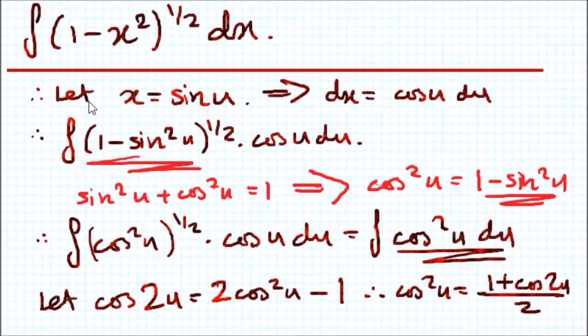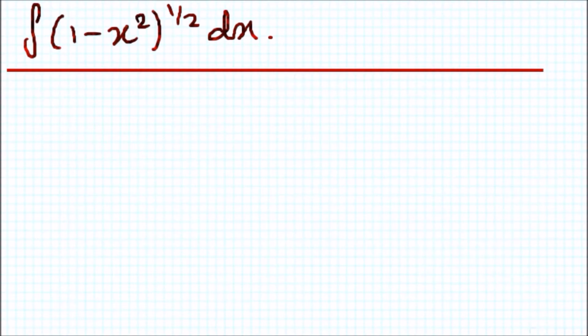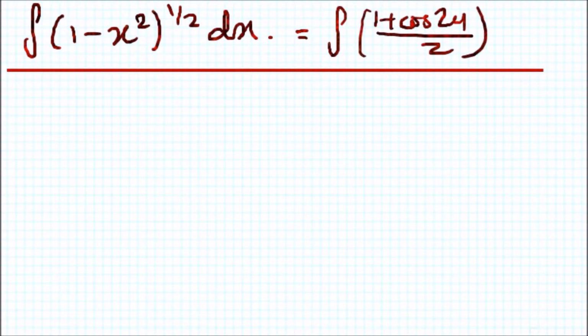Now, let's plug this back into the original formula, which is up here. So we should get the integral of (1 plus cos 2u) over 2 du. And notice that we can factorize the half because it's just a constant.